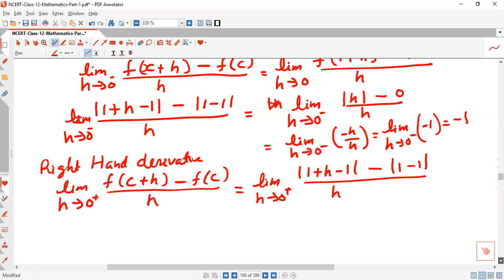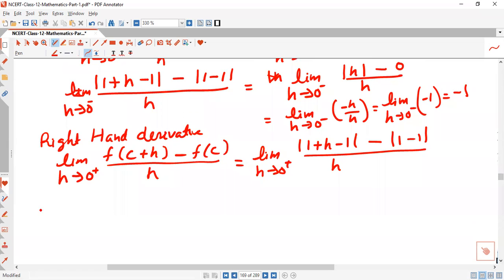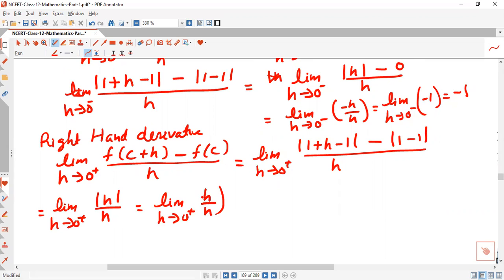So the function becomes limit h tends to 0 plus of mod h upon h, which is h upon h. That cancels out, and the value is 1.